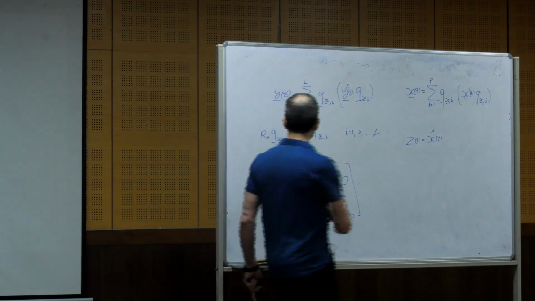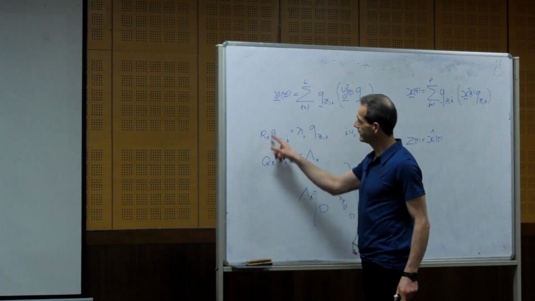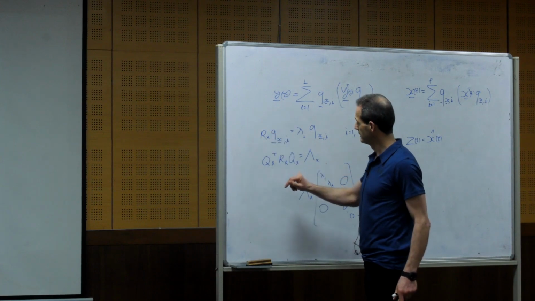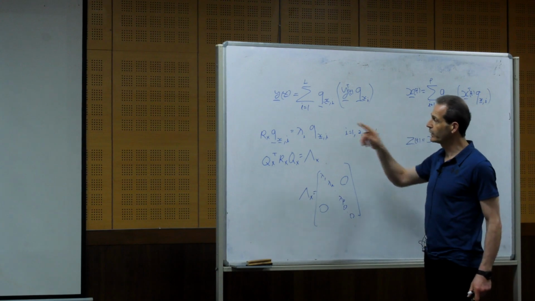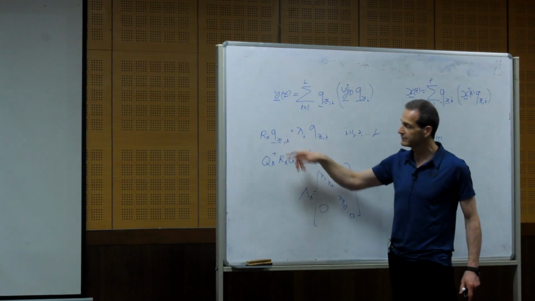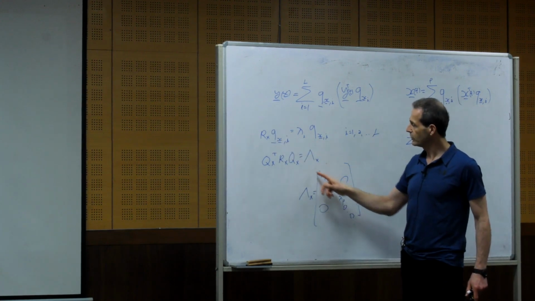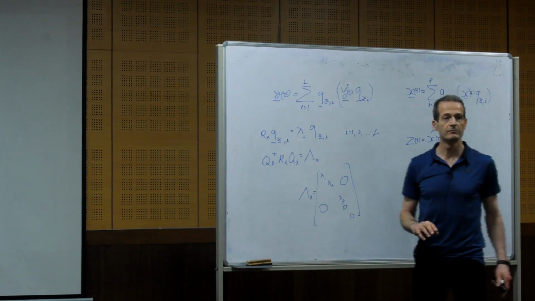Maybe the signal is contained in all frequencies, but when I span it using the eigenvectors, I need only P eigenvectors.